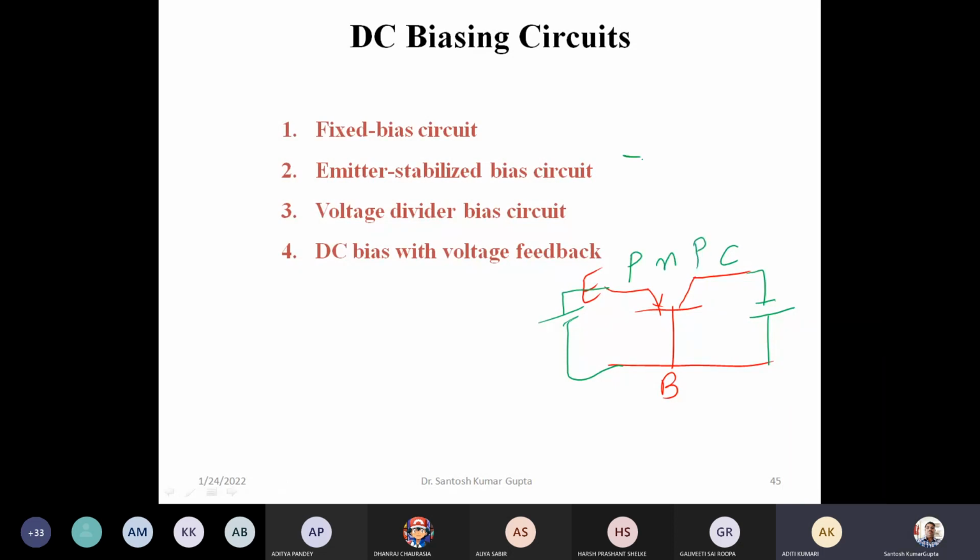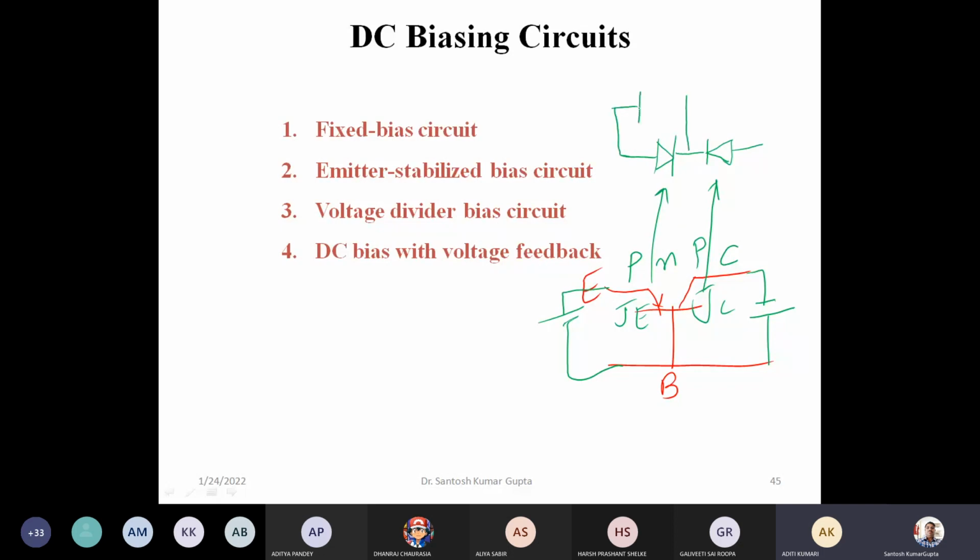In the PNP transistor we have two diodes corresponding to these two junctions, the emitter junction and the collector junction. So we have this two-diode-like appearance here, and basically we are forward biasing one and reverse biasing the other.